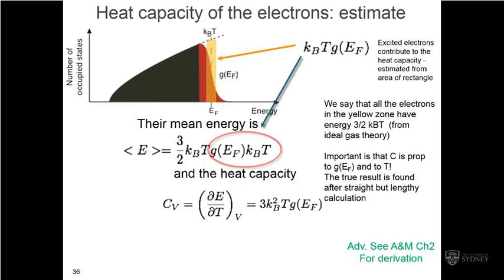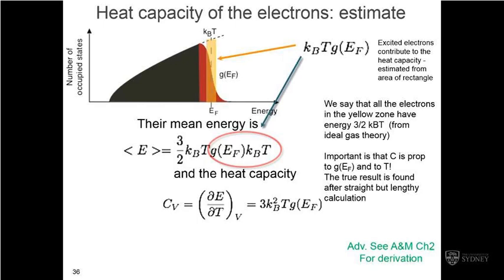First of all, the electrons are going to be assigned an energy from ideal gas theory. Every electron will be given an energy of 3/2 kBT.